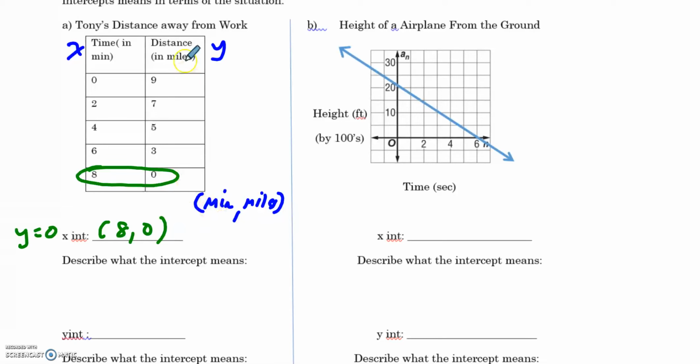Well, if this represents distance away from work, if it's 0 miles, he's at work. So what I would say, to be a little bit better with my wording, is after 8 minutes, Tony is at work.